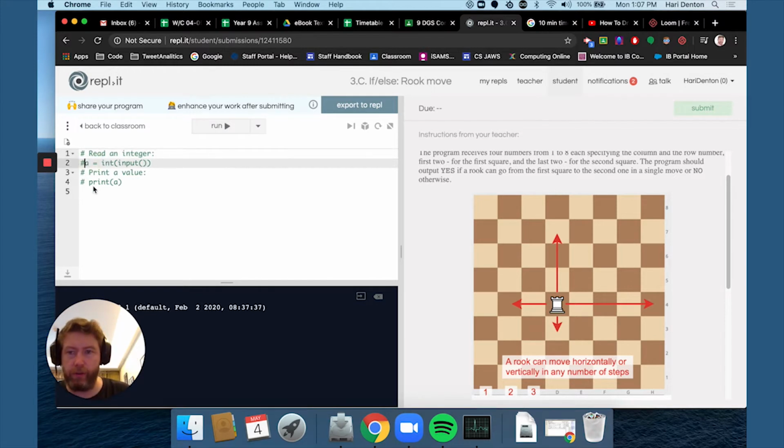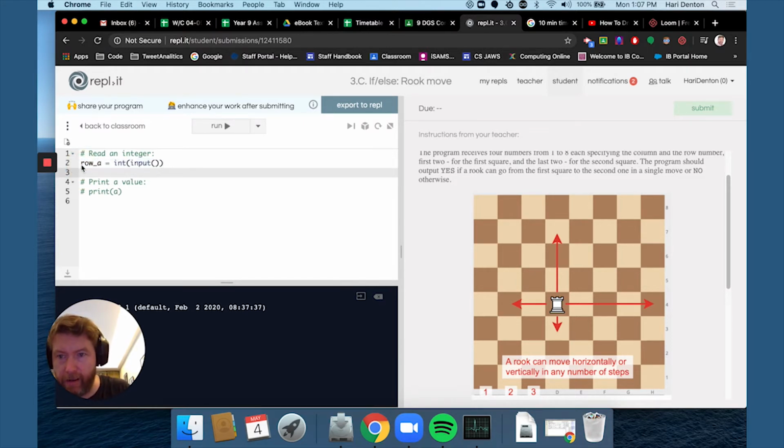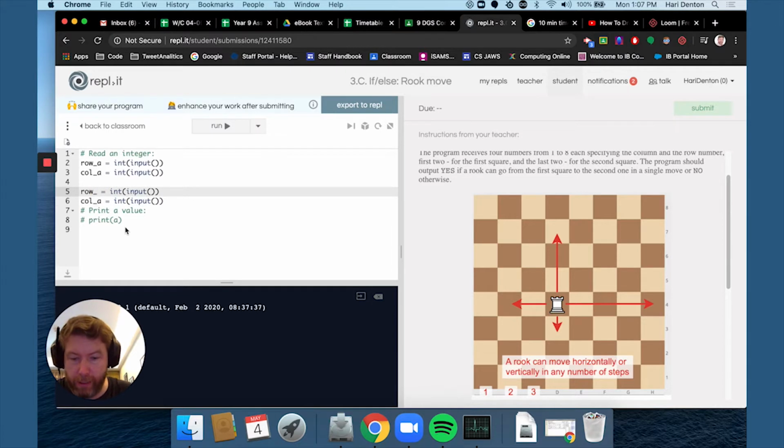So we've got row A and row B, and the column, so row A, column A. Yeah, that's a coordinate pair. And row B and column B, that's another coordinate pair.